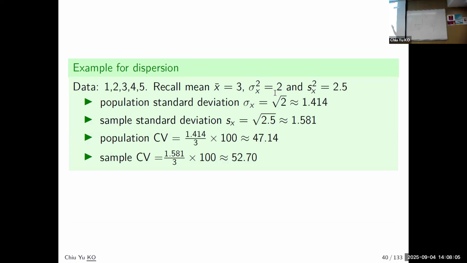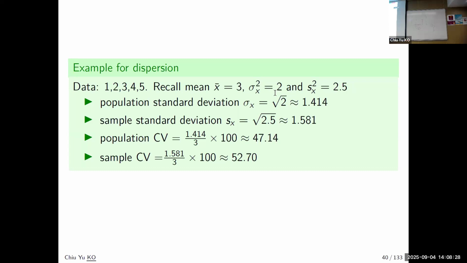Remember the case 1, 2, 3, 4, 5. We calculate the mean 3, the variance 2, and the sample variance is 2.5. That means you take the square root of 2 and 2.5, which gives you the population and the sample standard deviation, right? Do you always note that the sample version is always larger?